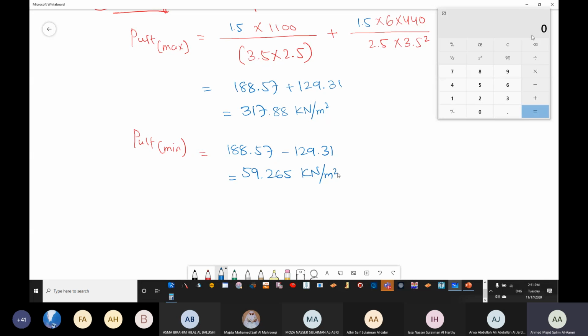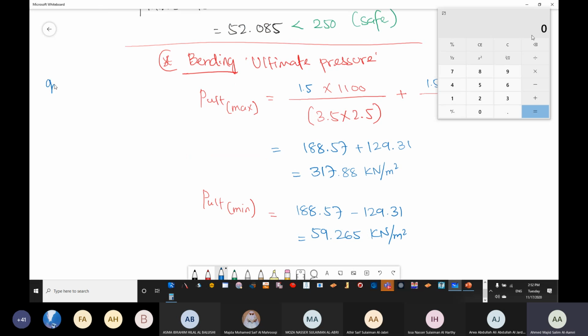Now, for those who have studied geotechnical engineering, they can correct me, but you used to take a factor of safety to calculate the safe bearing capacity, right? If you remember, I told you, QS, safe bearing capacity, is equal to QU, ultimate, divided by factor of safety.